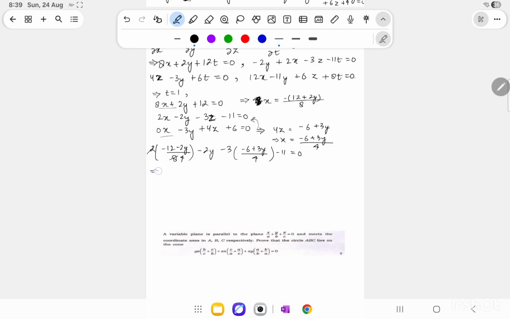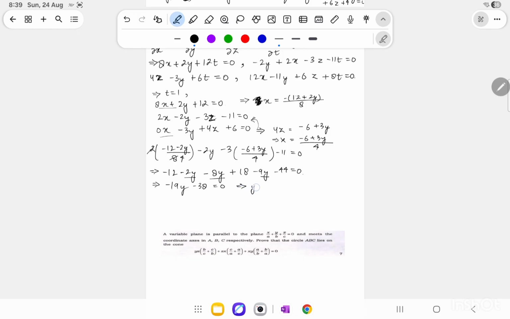If we solve it, we'll get −12 − 2y − 8y + 18 − 9y − 44 = 0. If I simplify it, I'll get −19y and 18 − 12 − 44 = −38, so −19y − 38 = 0.